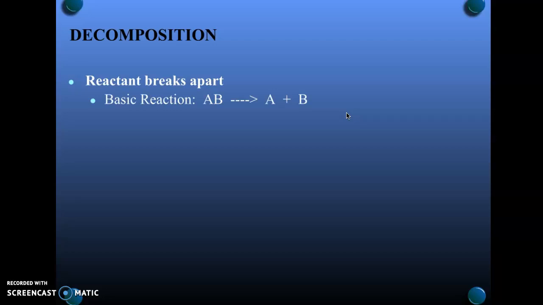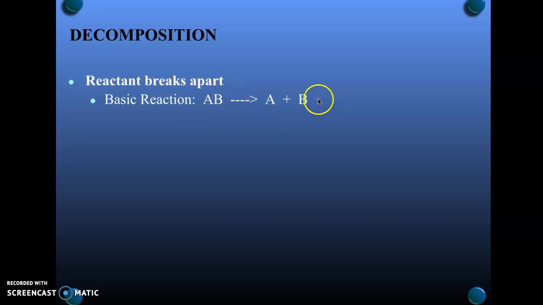Okay, decomposition reactions are just the opposite of combination. We're going to take a single reactant and it's going to break apart into smaller pieces, a lot of times into elements, not always though. So the basic reaction is you start with a single reactant, AB, and it's going to break into its components, A plus B. So the single reactant is how you distinguish this type of reaction from the other 4.